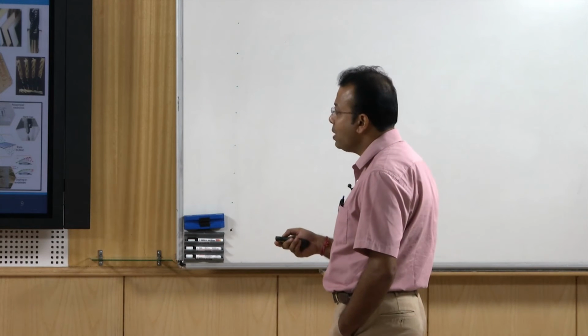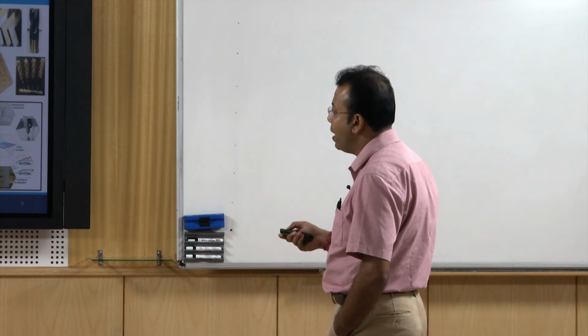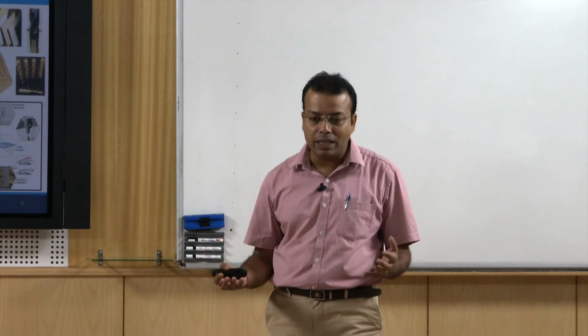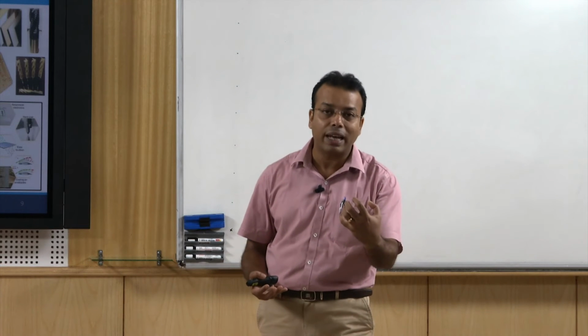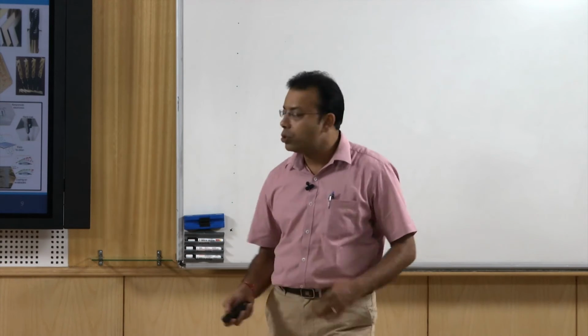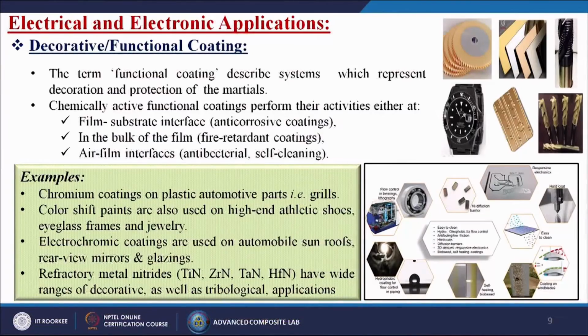What are the examples? Chromium coatings on plastic automotive parts, generally we are using for the grills for the automotive, or maybe nowadays we are seeing that the plastics glow like nickel or maybe stainless steel. So that is the beauty of these decorative and functional coatings.